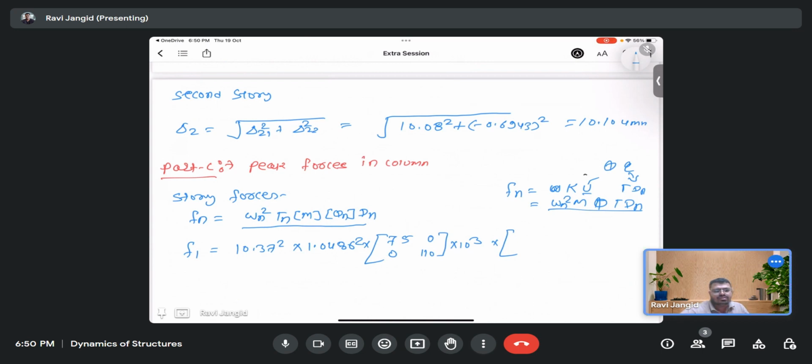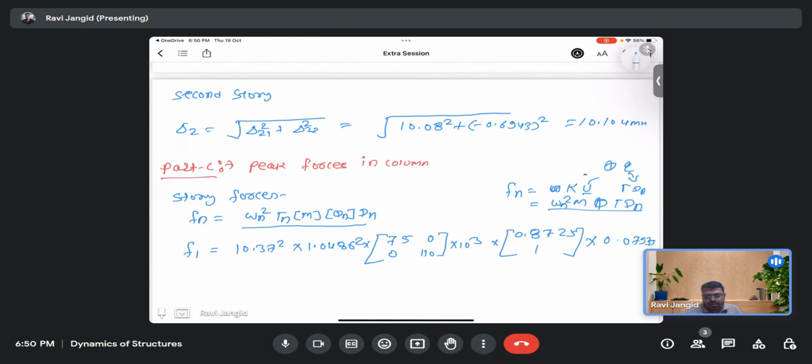that will become 0.8725 into your displacement, what was that, d1, that was 0.07535.